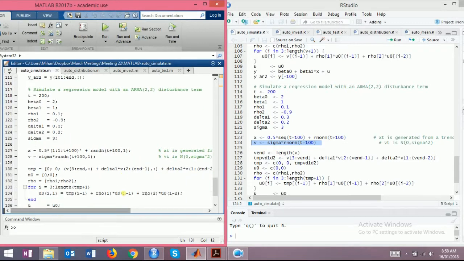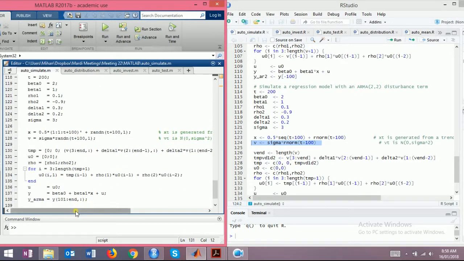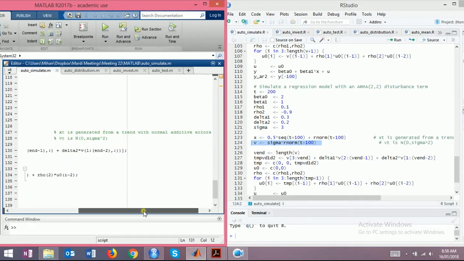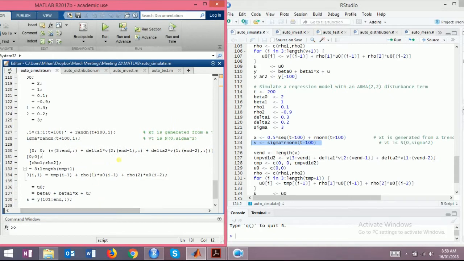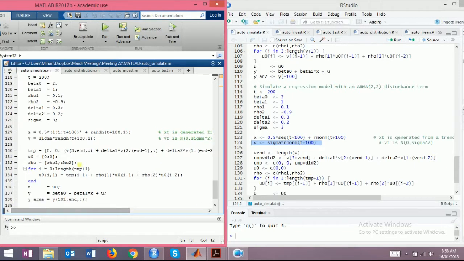And then we are going to create a temporary variable, because it's ARMA 2, the temporary thing that we will have will be one column whose first two values will be 0.